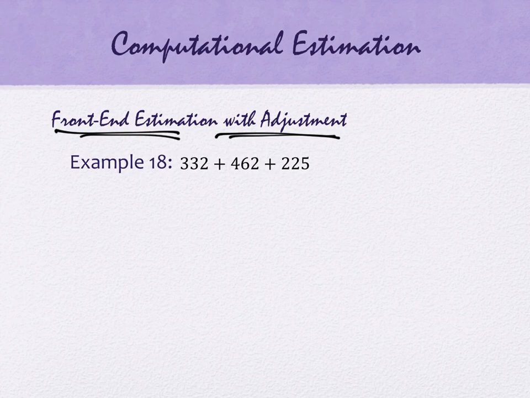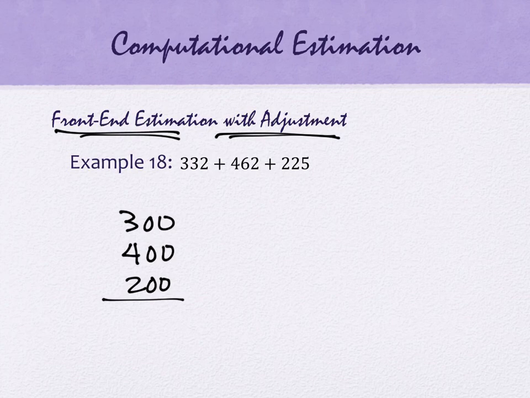Front-end estimation takes the first digit, and it zeroes everything else out. So 332 is just written as 300, 462 as 400, 225 as 200. That's it. That's front-end estimation. We add them together, 4, 5, 6, 7, 8, 9. That's 900. Okay, that's front-end estimation.